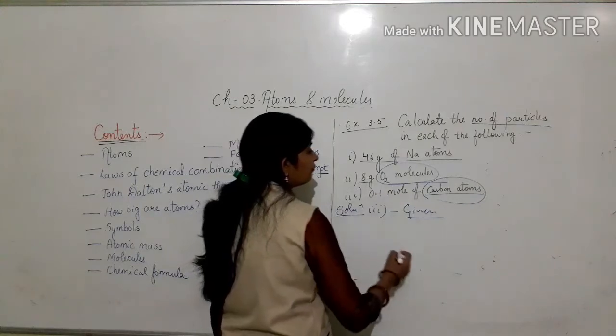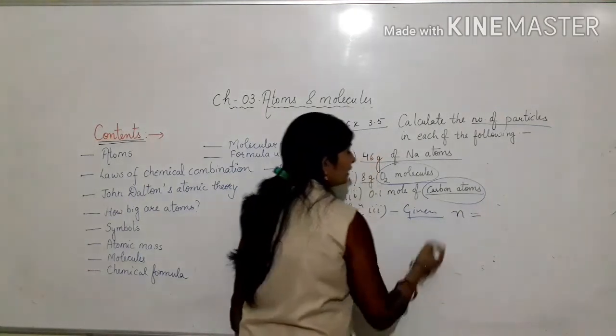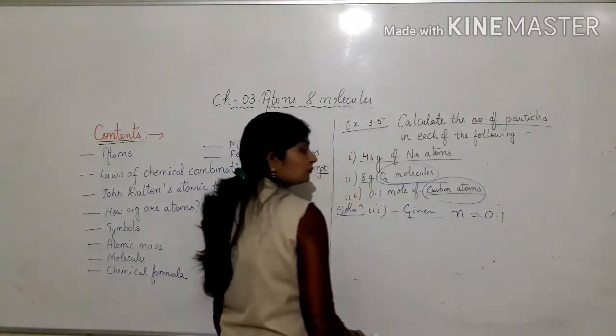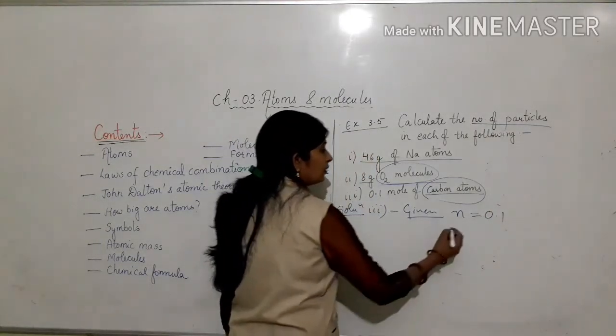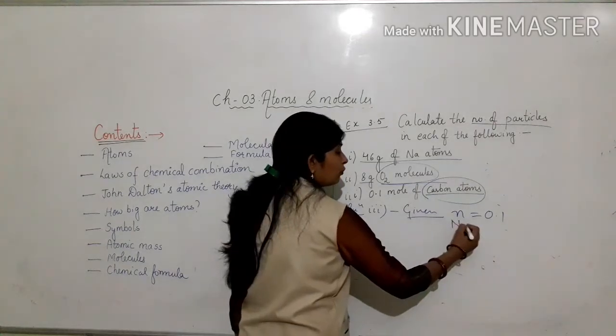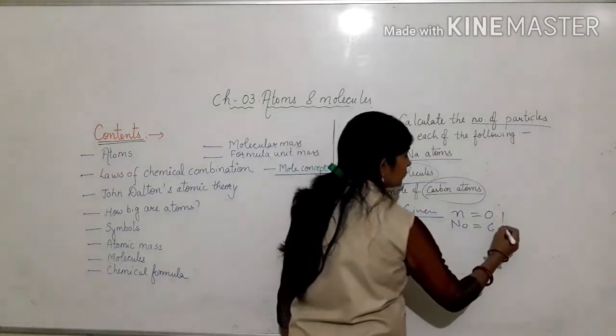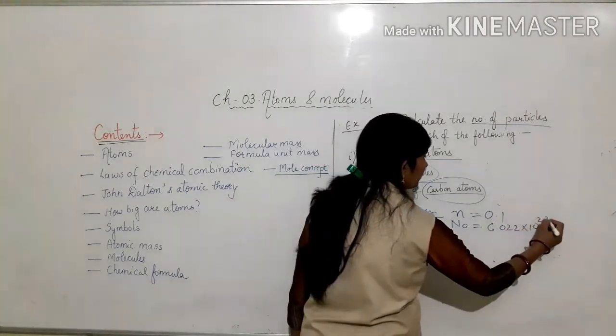Okay, so number of mole, small n, is given 0.1. Okay. Now what is the Avogadro constant? Capital N naught, that is 6.022 into 10 to the power 23.